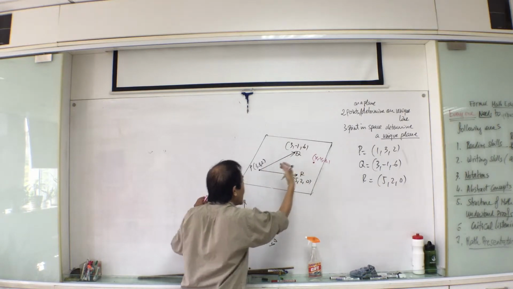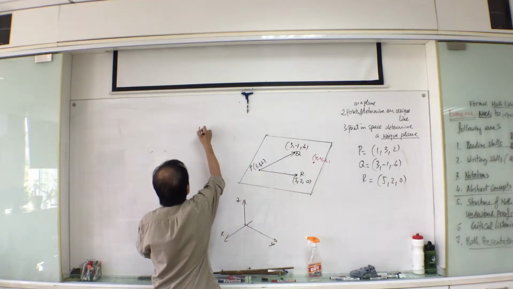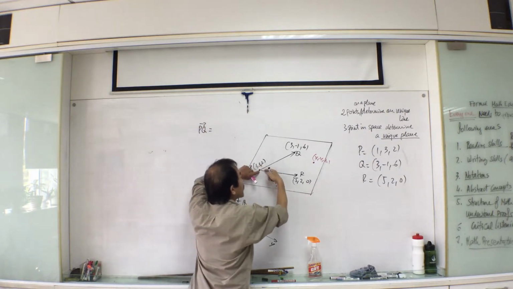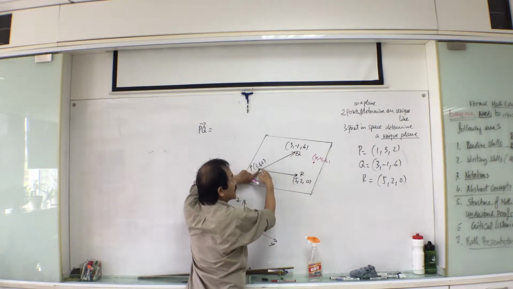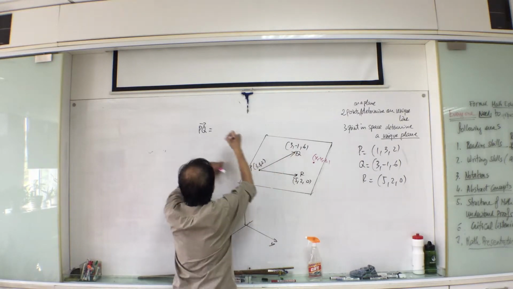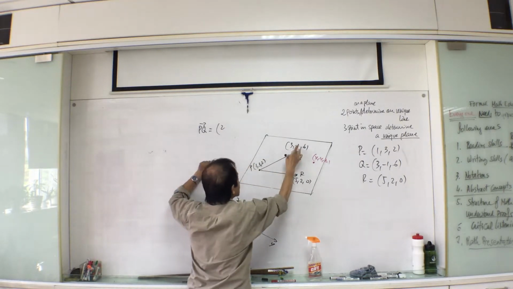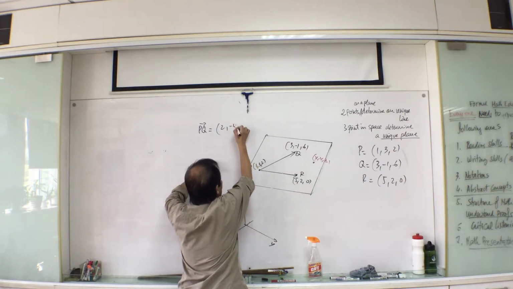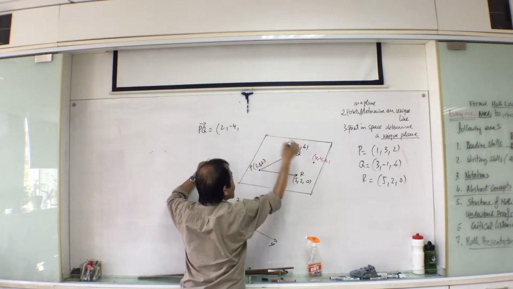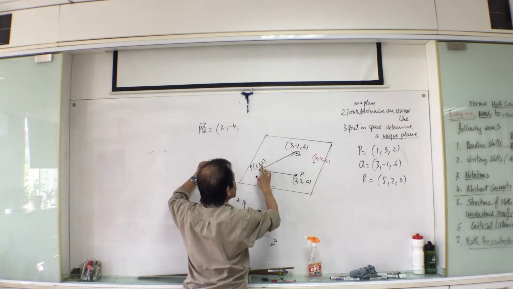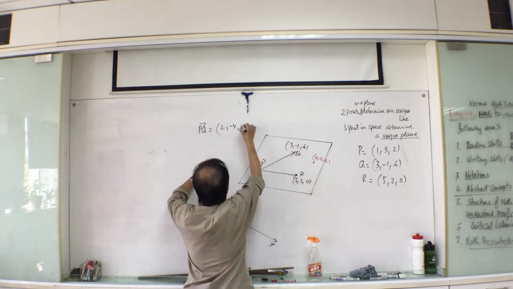Okay, but how to find this vector PQ? Vector PQ equals Q minus P. So 3 minus 1 equals 2, -1 minus 3 equals -4, 6 minus 2 equals 4.